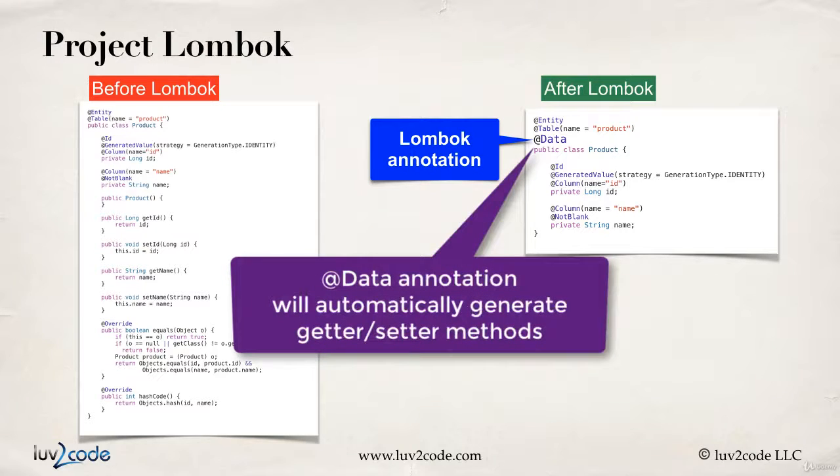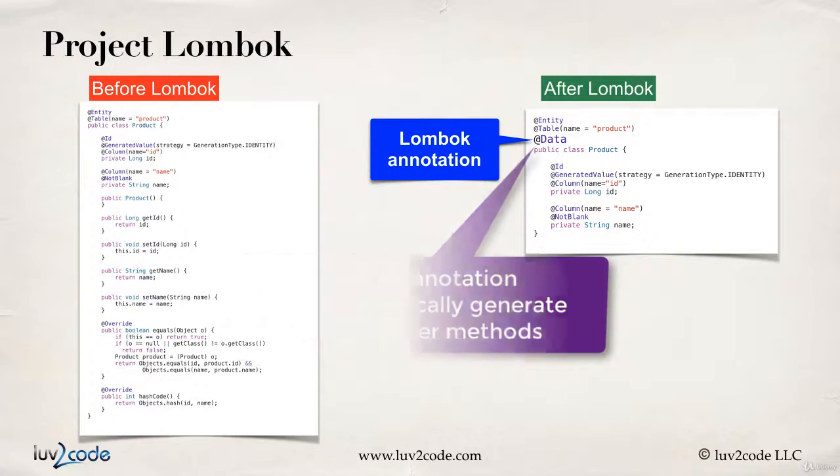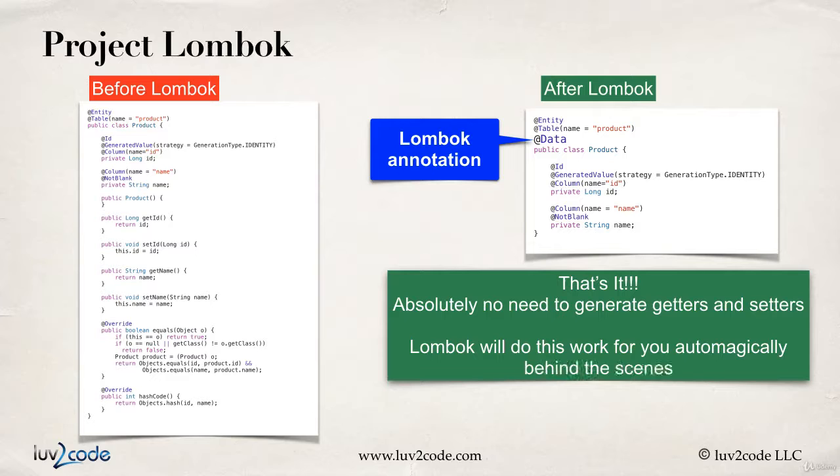This annotation will actually generate the getter and setter methods for us. All right, so that's it. There's absolutely no need for us to manually write the getters and setters. Lombok will do all of this work for us behind the scenes. So notice here, it makes your code much smaller, and it also minimizes the amount of boilerplate code that you, the developer, have to write. Lombok will do all of that work for you behind the scenes.